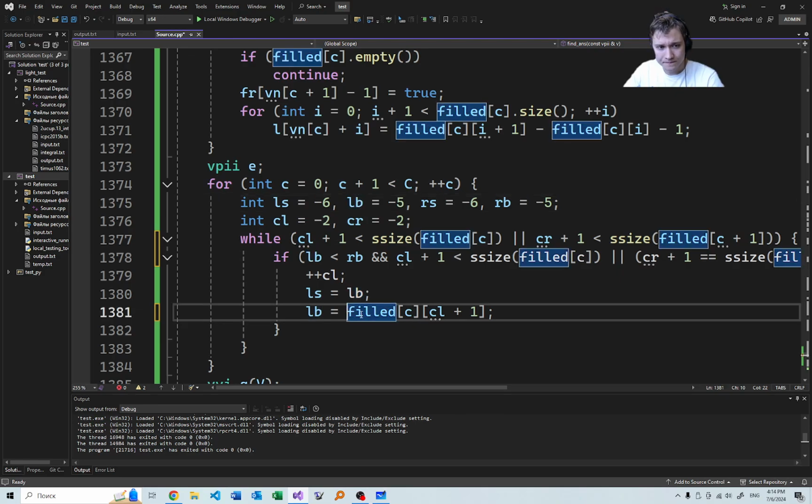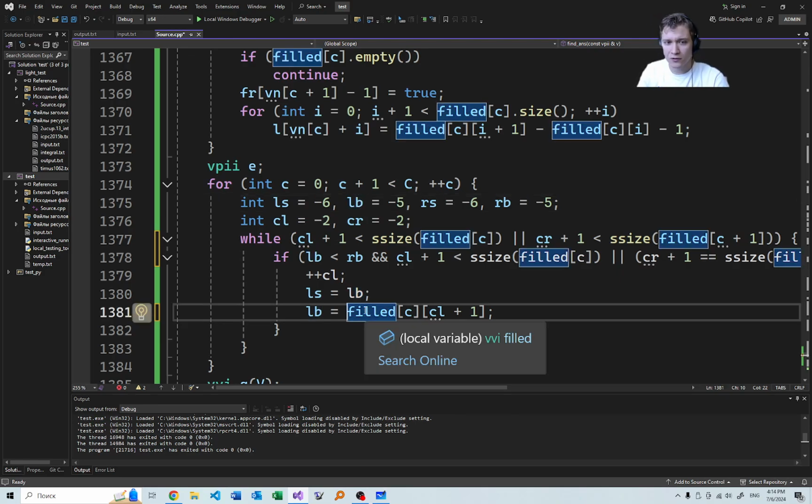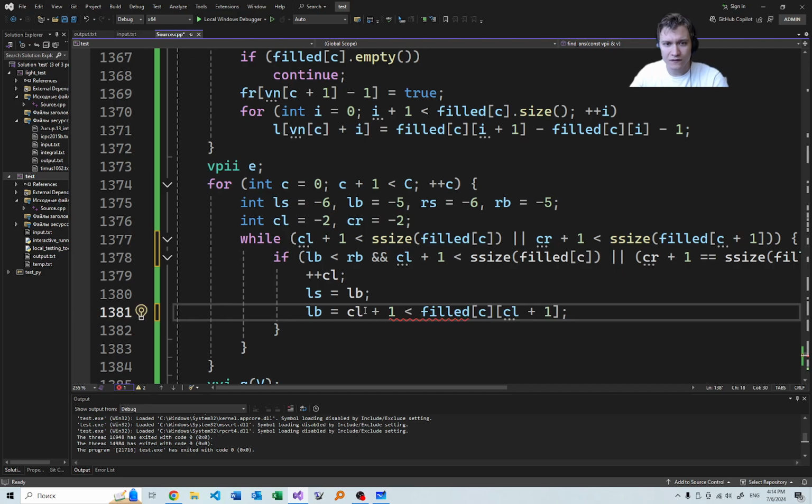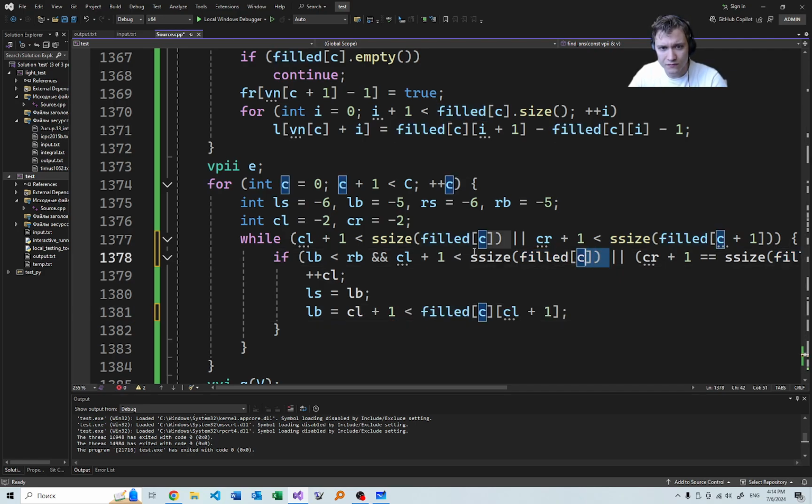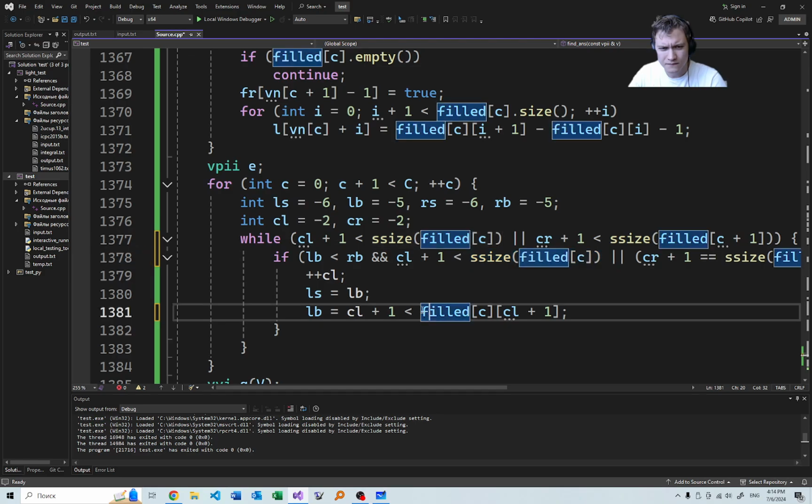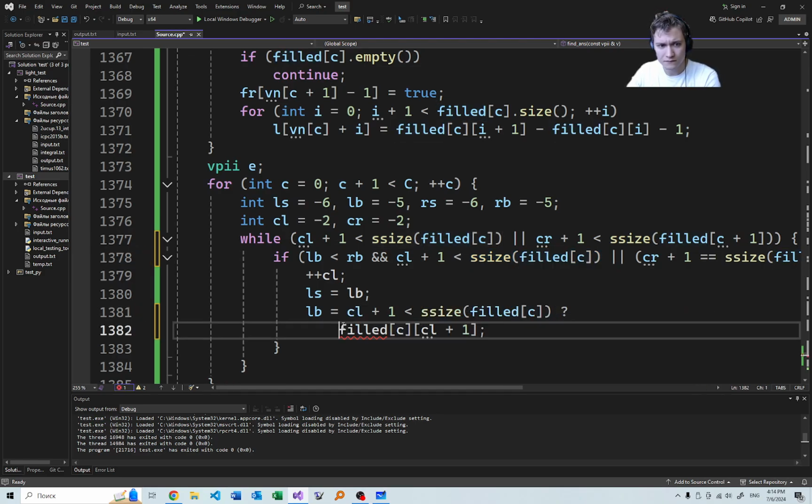Okay, so here we want to do it only if this is true. Otherwise, we want to use some sort of infinity like this.